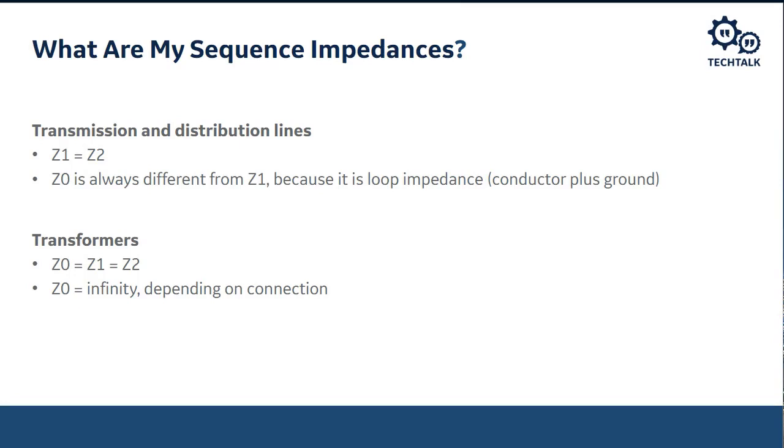Now, this is one of the reasons that when you're setting a distance relay, some relay manufacturers will ask you for a K0 or a compensation factor. Some relays, like our L90 and D60, will ask you for the ratio of positive to zero sequence impedance.